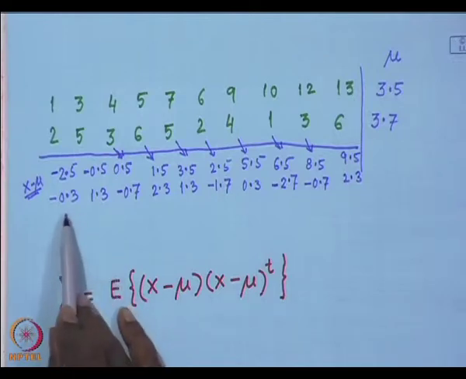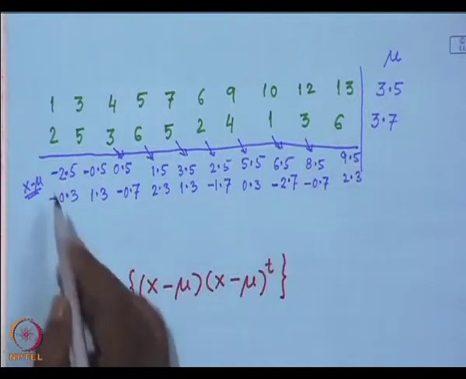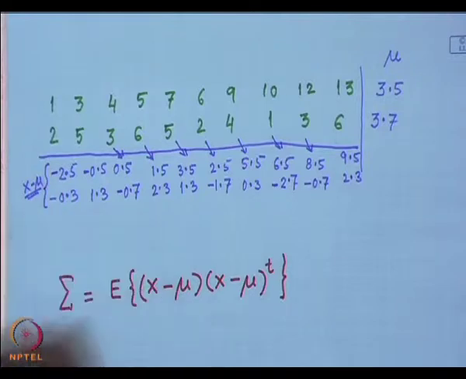So, these two rows actually give me the feature vectors x minus mu, where x minus mu have been computed by subtracting the mean vector from the individual vectors.